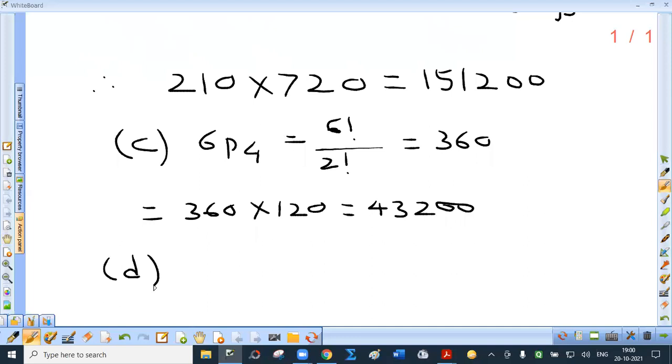D part. O is the first and T is the last letter.